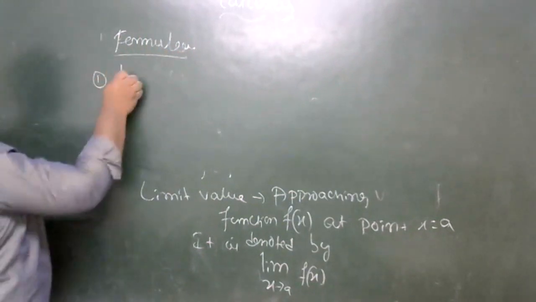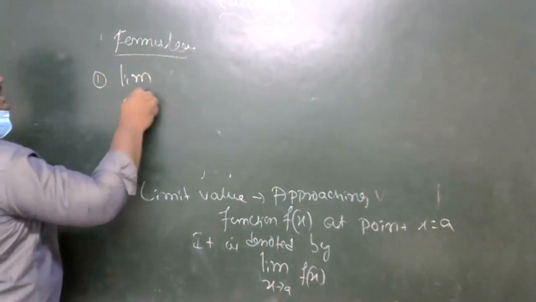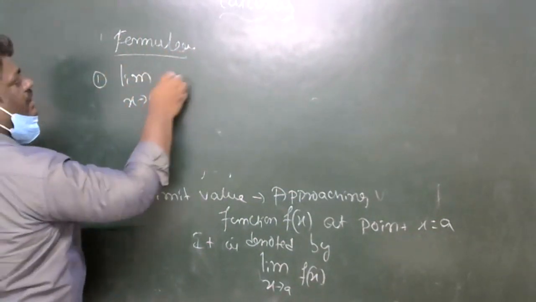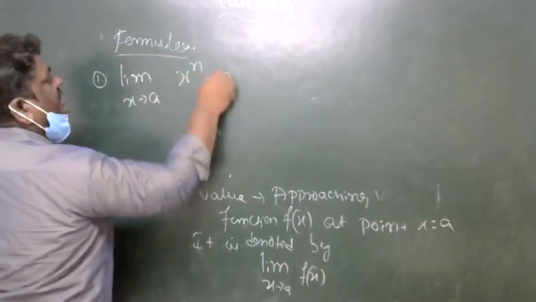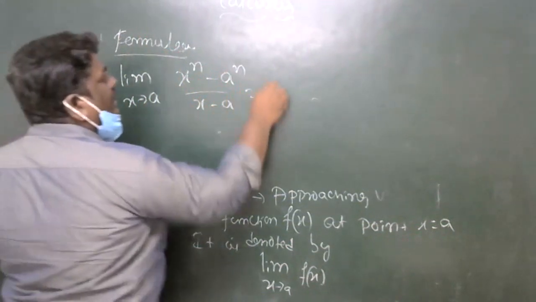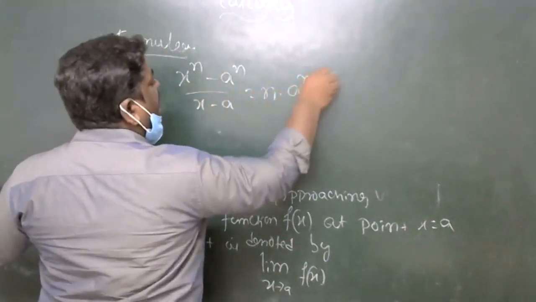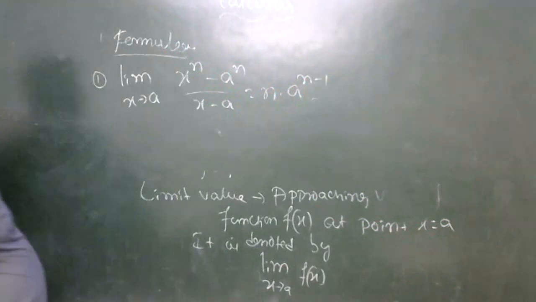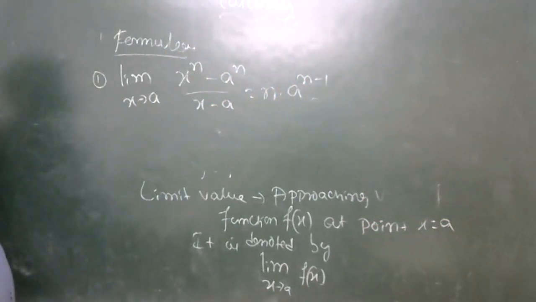First one: limit as x tends to a, x to the power of n minus a to the power of n, divided by x minus a, is equal to n into a to the power of n minus 1.